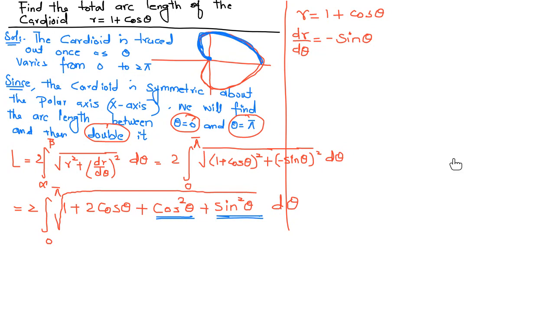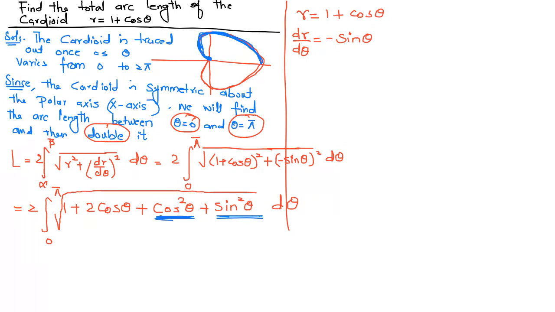So what is cosine square plus sine square equal to? Sine square plus cosine square is equal to 1, right?